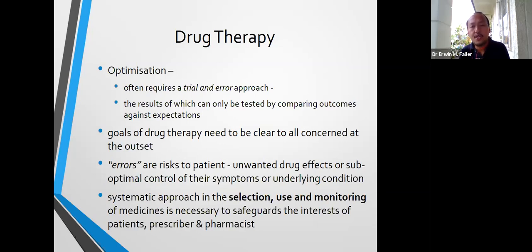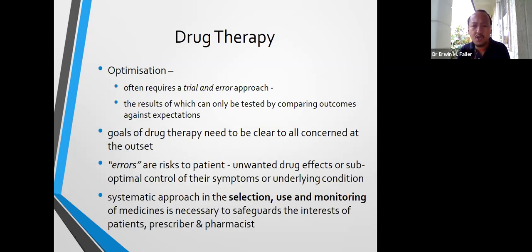Okay, so the goal of the drug therapy needs to be clear to our patient and our healthcare providers, and we will be able to eliminate such errors and risks to our patient, those unwanted side effects or suboptimal drug therapies that can be given to our patient.